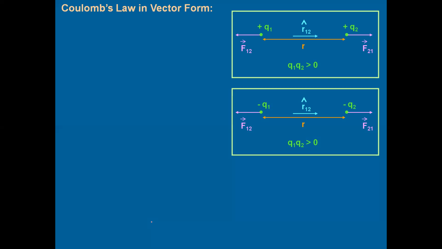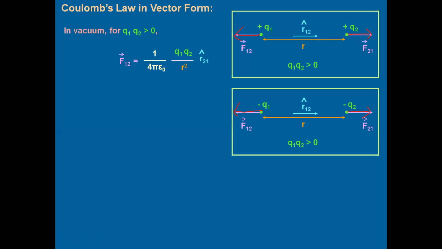As you can see here, the direction of F12 will be away from Q1, and the direction of F21 will be away from Q2. Here also the direction of force remains the same even though we have taken minus charges. So if both the charges are like charges, whether it is a pair of positive charges or a pair of negative charges, the direction of force will be away from the charges.